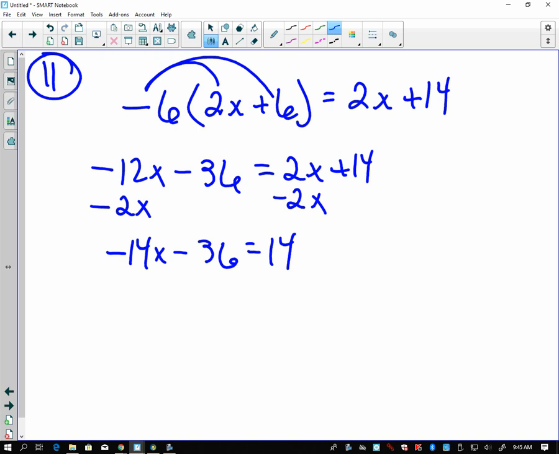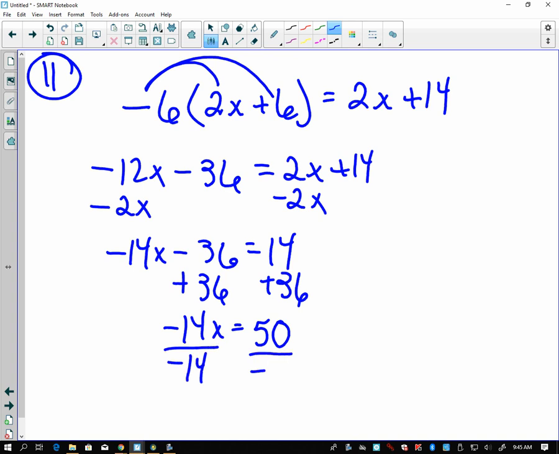Now what, Christian? Add 36 to both sides. Okay, we got negative 14x equals 50. Okay? Now what? Divide by negative 14.